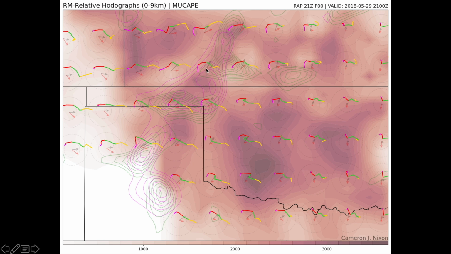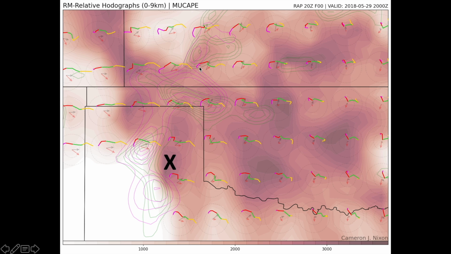These are drawn in that black here. That is roughly parallel to this convergent boundary. And again, if you remember from the beginning, once our mean wind is roughly parallel to that boundary, and some of our shear vector is roughly parallel to that boundary as well, this might be a rather quick target to grow upscale.